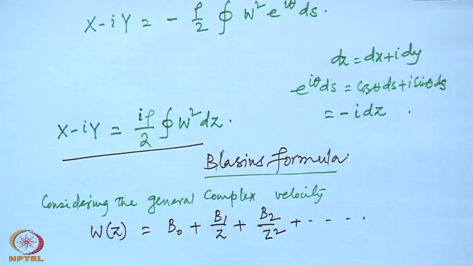But first of all, look whether this function has any singularity at z equal to 0. So z equal to 0 is a singularity, and we are interested only in an integral over a closed contour, and z equal to 0 is within that contour, or the origin is within that body.